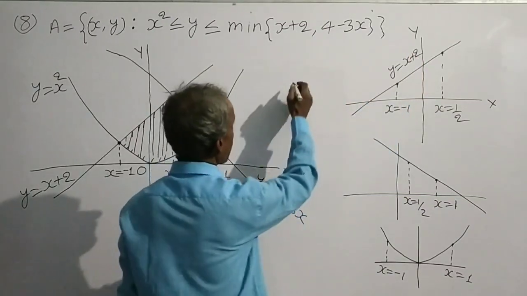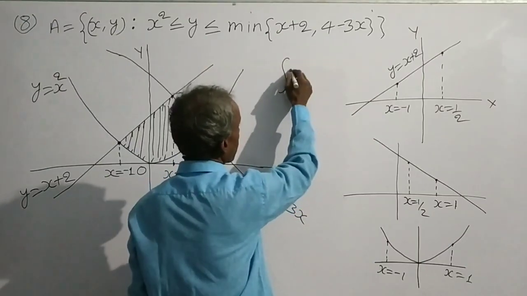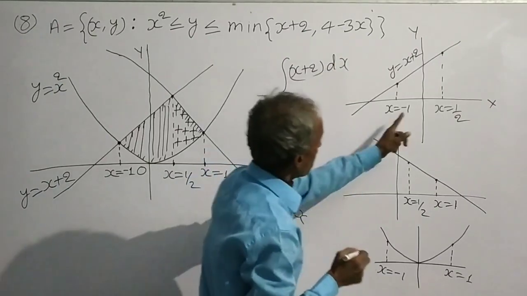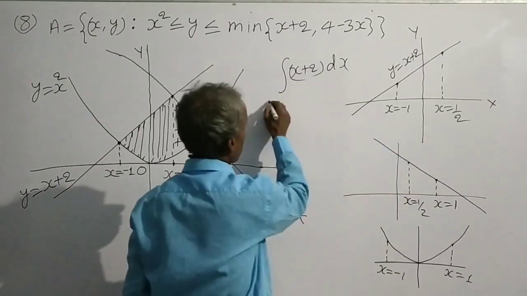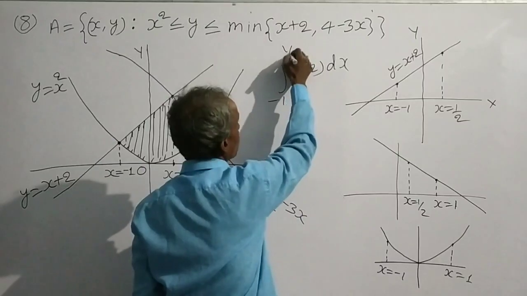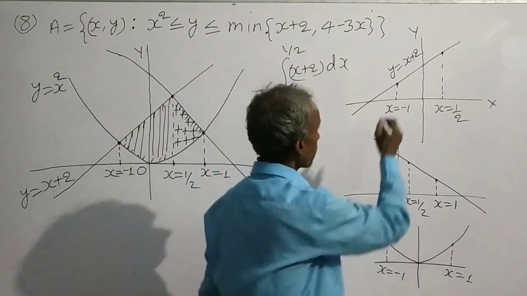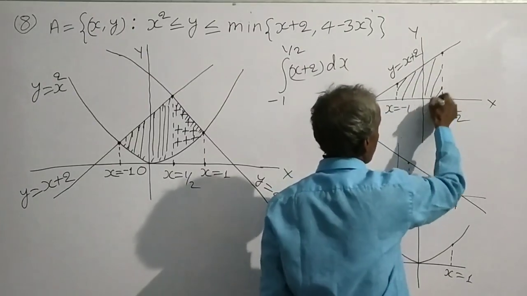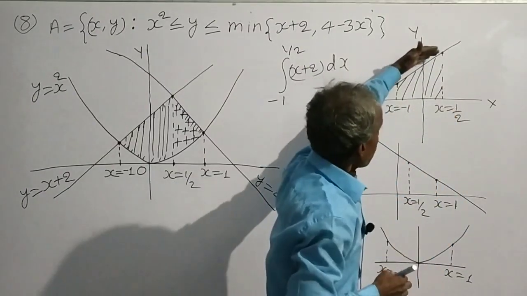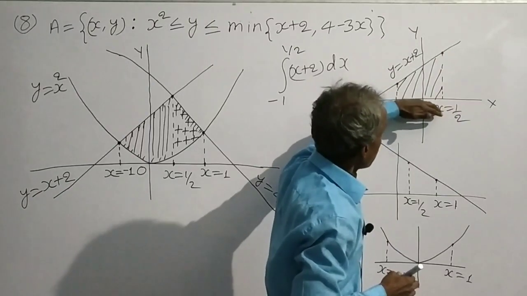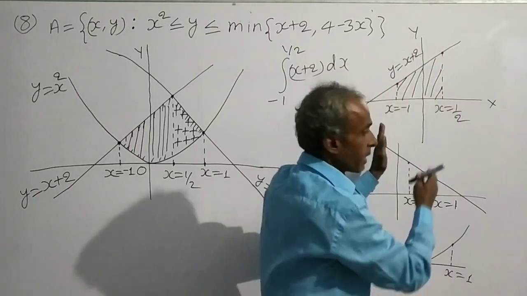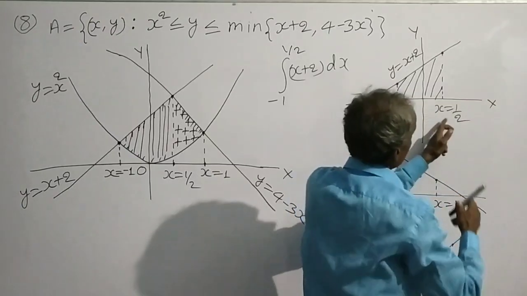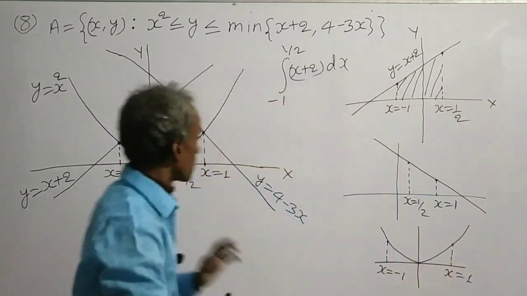Therefore, when we write the integration of x + 2 dx from -1 to 1/2, we get this area lying below this straight line, above the x-axis and between these two lines x = -1, x = 1/2.